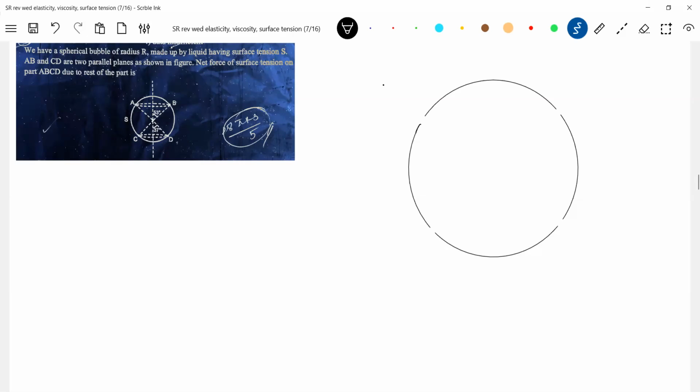Okay, this is the remote part. Okay, some rough diagram.